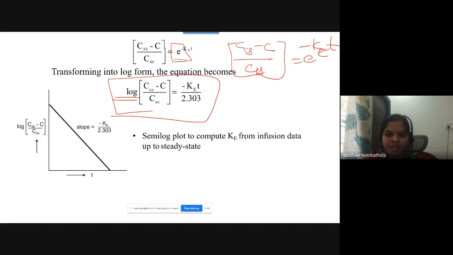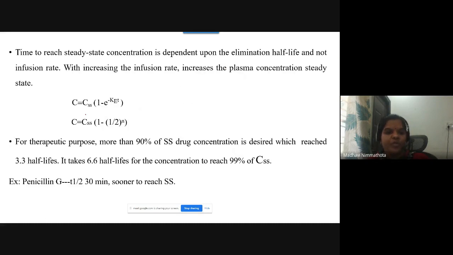A semi-log plot will compute Ke from infusion data. See, when you plot the graph, this is the semi-logarithmic graph. When you plot the graph of log CSS minus C by CSS, you will get the slope of minus Ke by 2.303. This is the last equation for IV infusion, and this is the semi-logarithmic graph for getting the slope.